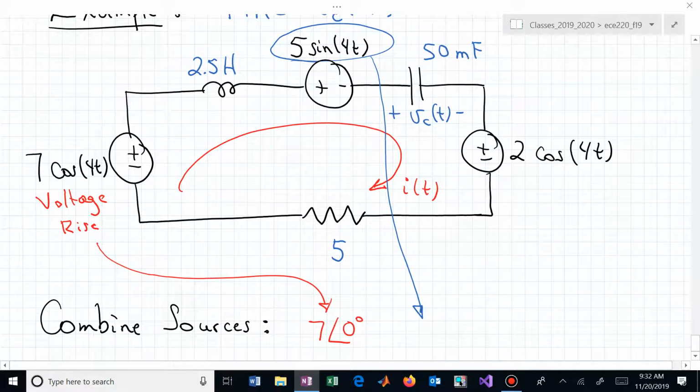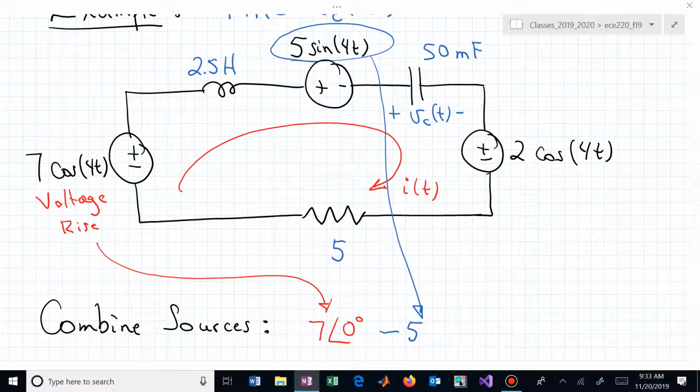Is it a voltage rise or a voltage drop? That's a drop, so we put the minus sign in first so we don't forget that. And now it's a sine, S-I-N-E, and not a cosine, and we want all of our phasors to be relative to a cosine reference. The magnitude's not going to change, but what does need to be modified?